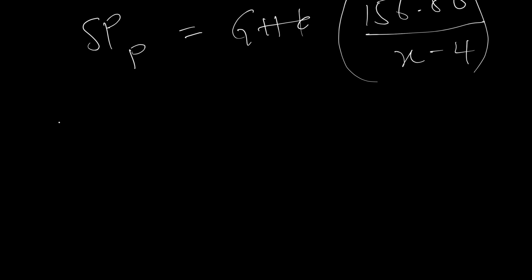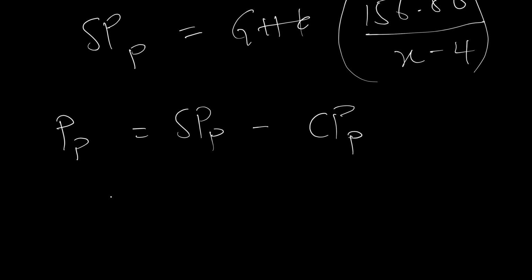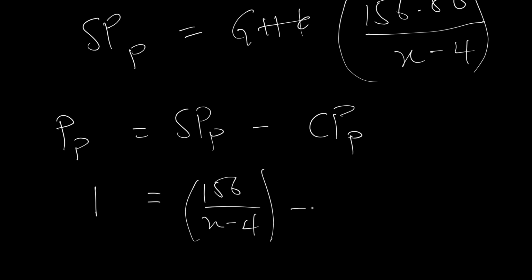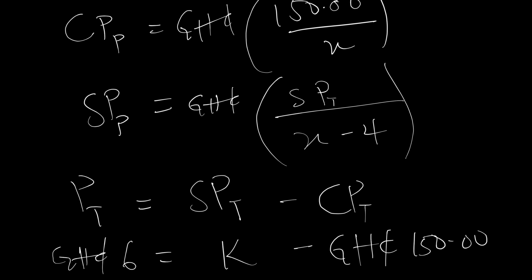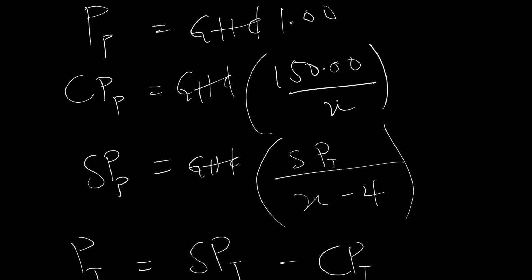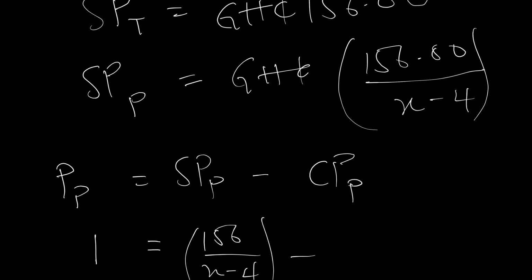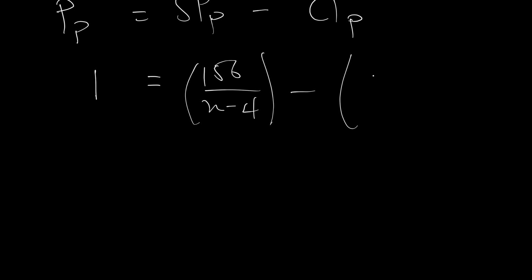So our profit per plate will be equal to our selling price per plate minus our cost price per plate. And our profit per plate is 1. Our selling price per plate is 156 over x minus 4. And our cost price per plate is 150 over x.